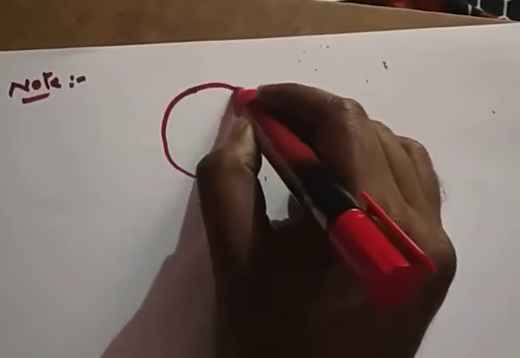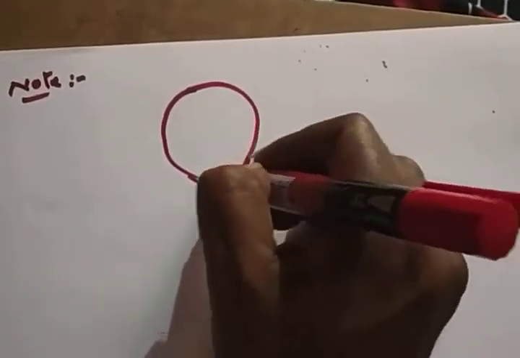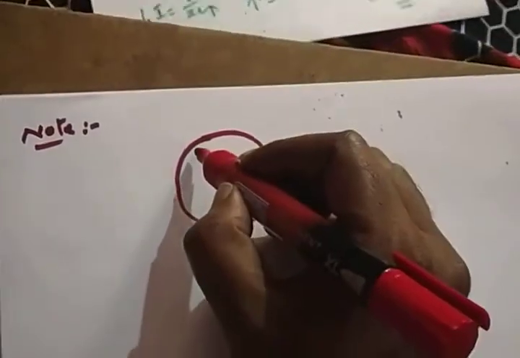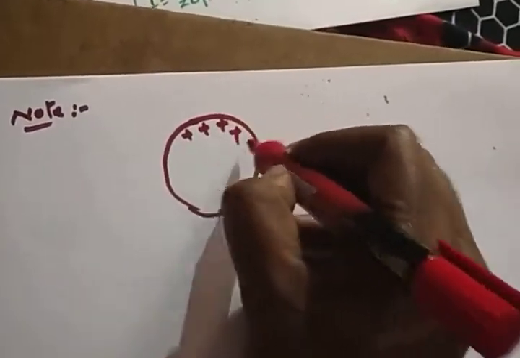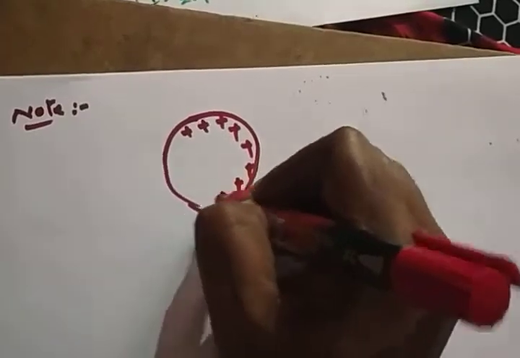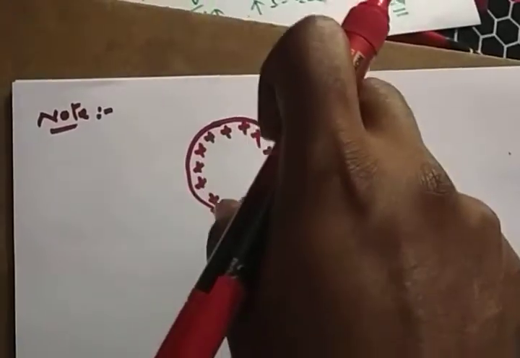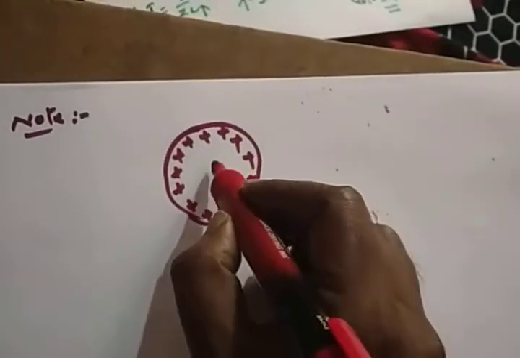right? But suppose you take a larger diameter conductor. If you are taking a larger diameter, what about the current that flows on the surface of the conductor? Only current flows on the surface of the conductor. At the center point we don't have any current.